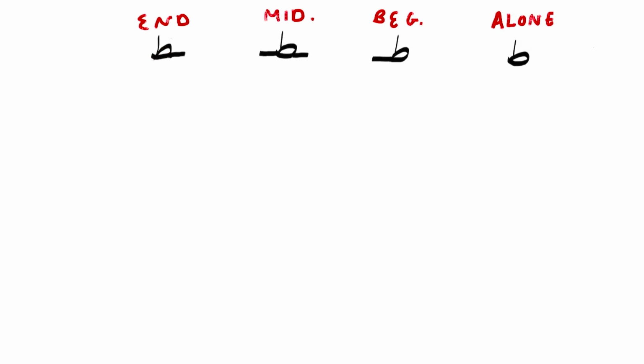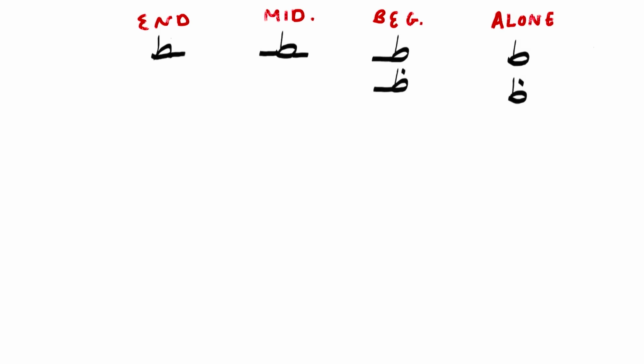And you've probably already guessed it, dha is exactly the same because it looks just like the ta except with one dot on the top. So dha alone looks just the same as the ta, just with a dot on the top. At the beginning of the word, it's just the same as when it's by itself, one dot on the top, but with the connecting line to join to whatever is after it.